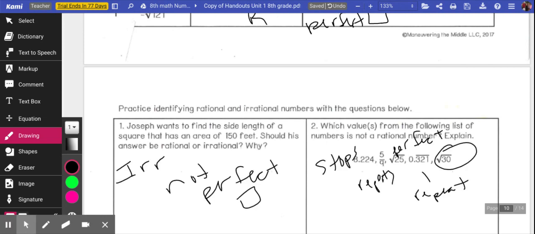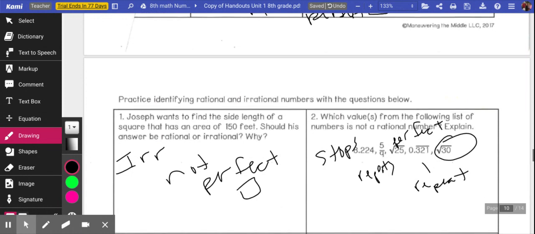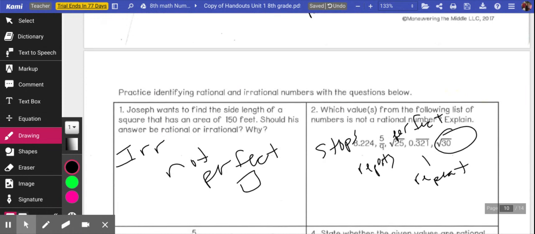Okay, I'm going to go ahead and talk about the first two. This one would be irrational because 150 is not a perfect square. The next one, like this one, stops or repeats because it has a 9 on the bottom, so we know that would be 0.5 repeating. You can use your calculator and divide it if you need to.